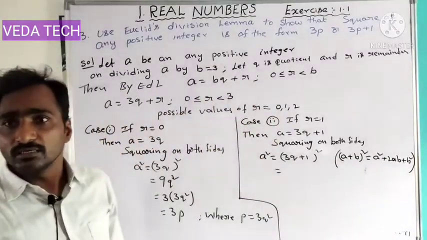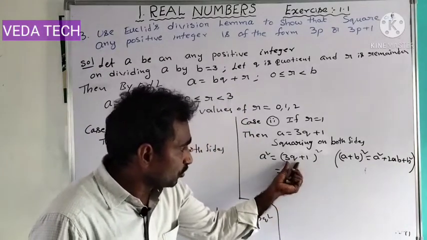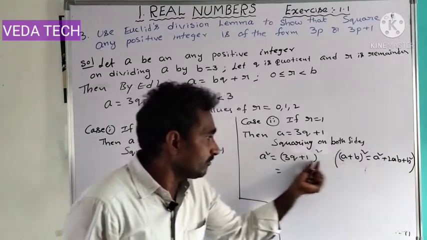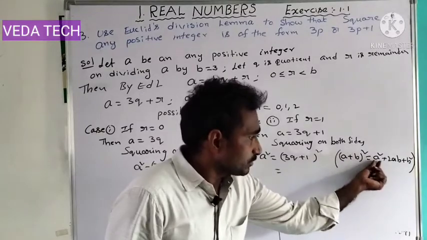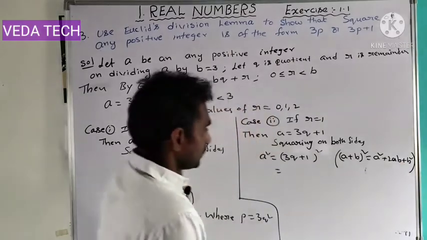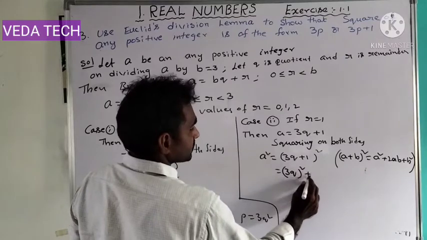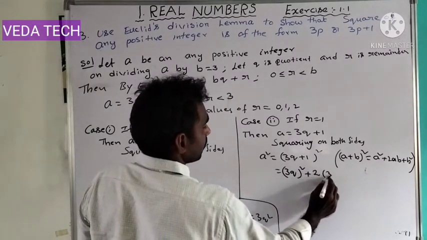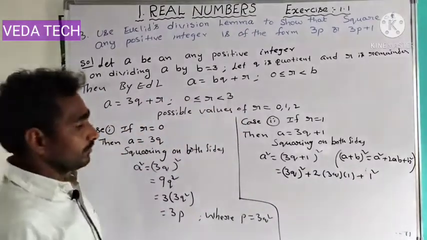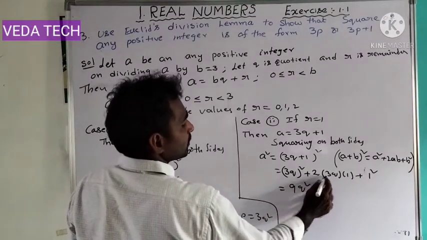Here, in place of a we have 3q, and in place of b we have 1. So we get (3q) whole square, that is a square, plus 2 into 3q into 1, plus 1 square. That means 9q square plus 6q plus 1.